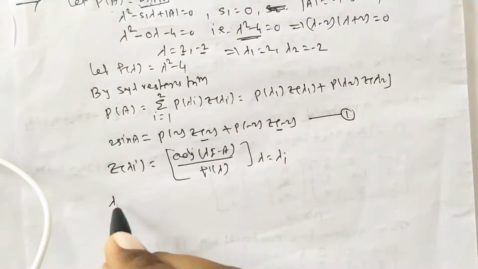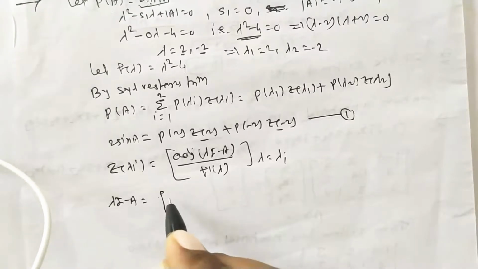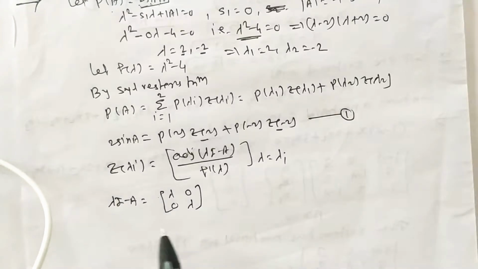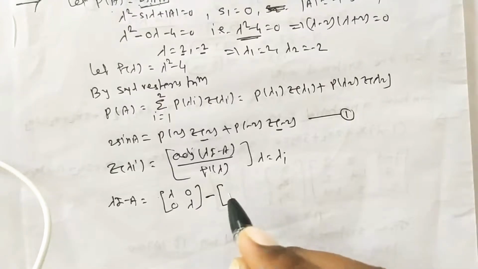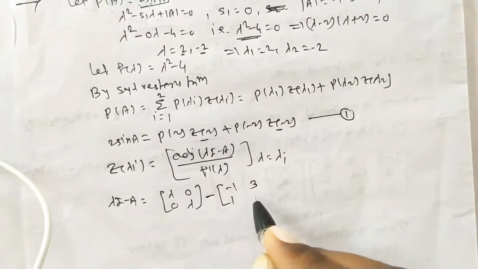First we write the lambda I minus A matrix. Lambda I means lambda 0 0 lambda. Matrix A is of order 2 by 2, so take I of order 2 by 2 as well, lambda into 1 0 0 1. So we write lambda 0 0 lambda minus the A matrix. The A matrix is given as minus 1 3 1 1.